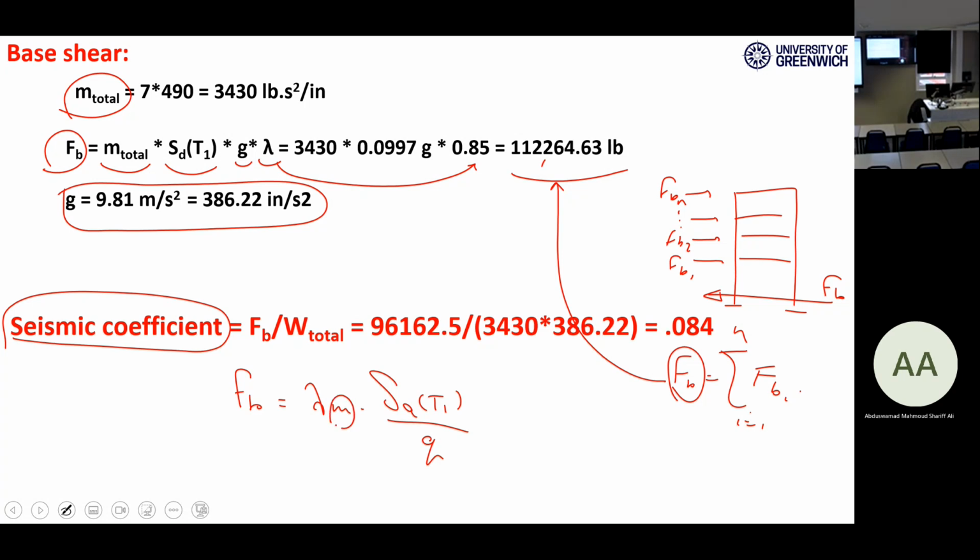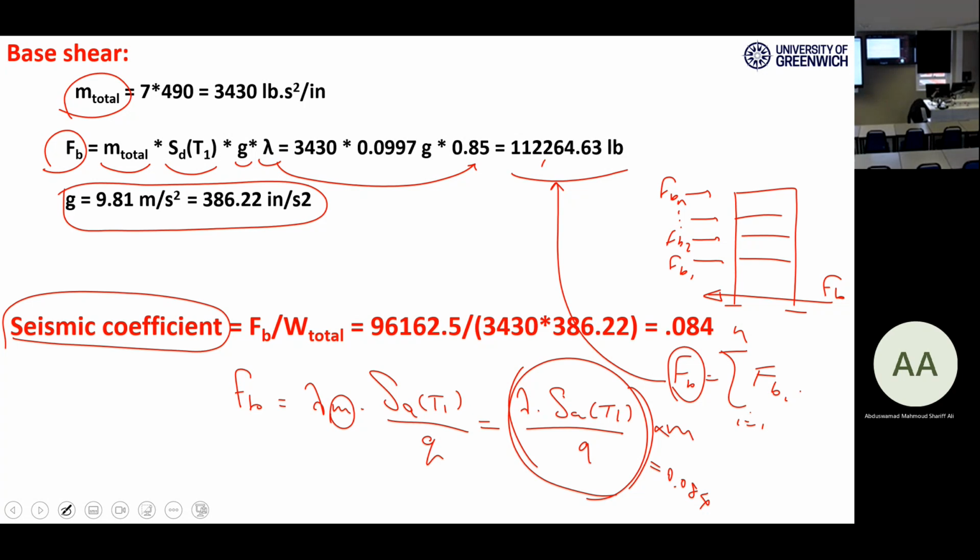If you keep M here, and like this, lambda SA T1 over Q, everything but M. We put everything in one bracket and M outside of the bracket. It means that this one, in this case, is 0.84. It means that it's 8% of the mass. The seismic load is 8% of the mass.